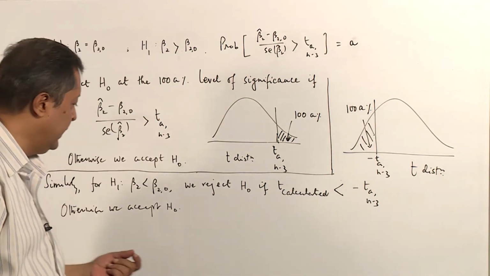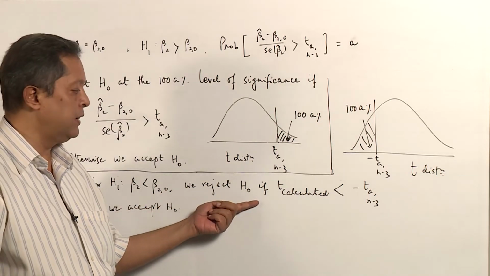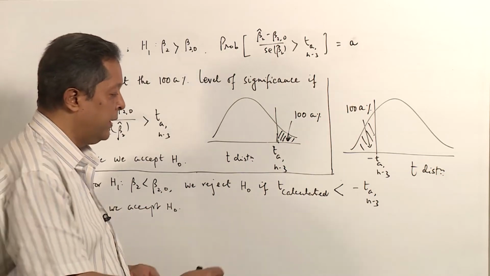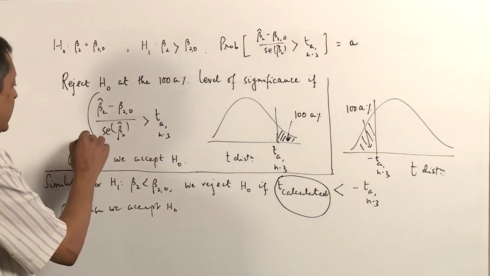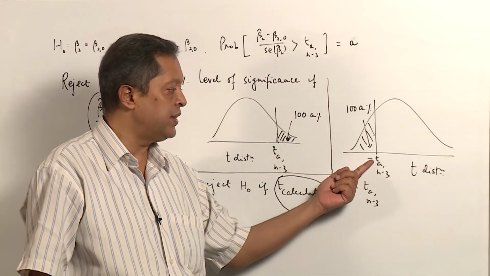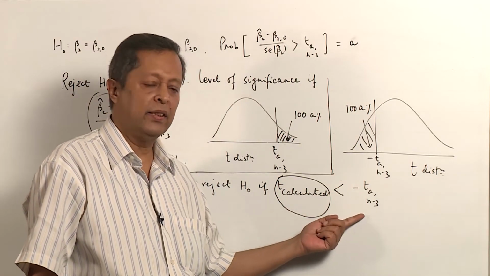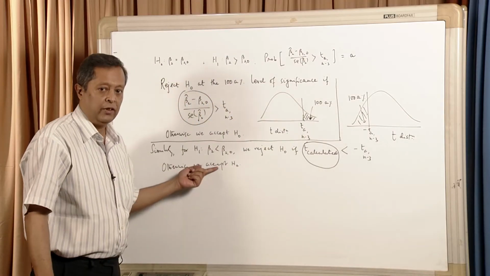Therefore, we reject H naught at the specified level of significance if the calculated value of t is now less than minus t_α with n minus 3 degrees of freedom. Otherwise we accept H naught.